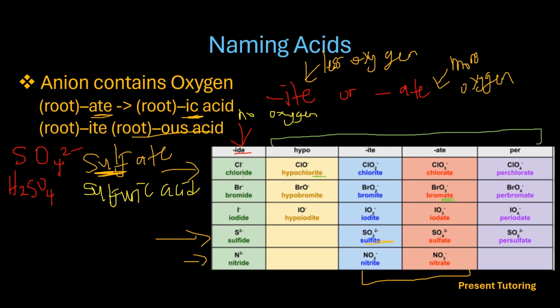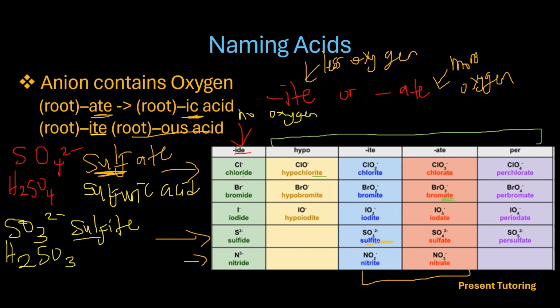But then let's try the other rule, where if the anion ends with ite, you're going to change it into ous acid. Okay, let's try it. Sulfite, which is SO3 2 minus. The corresponding acid is going to be H2SO3. What is the name of this?